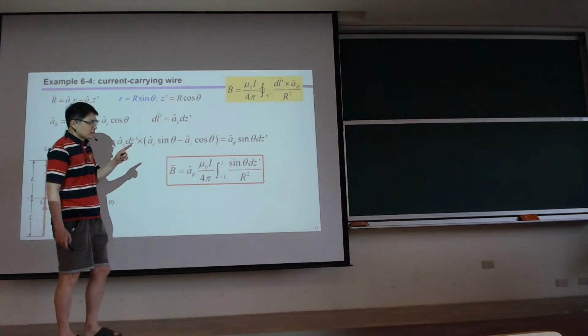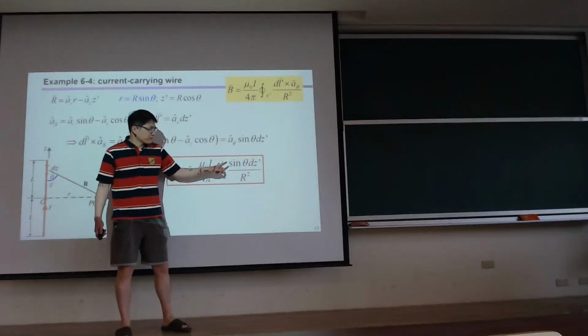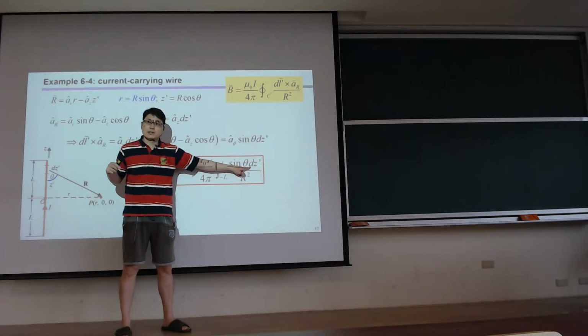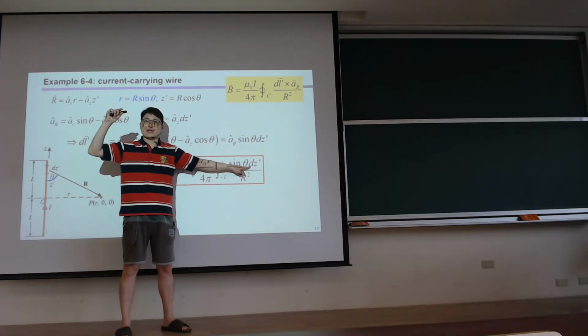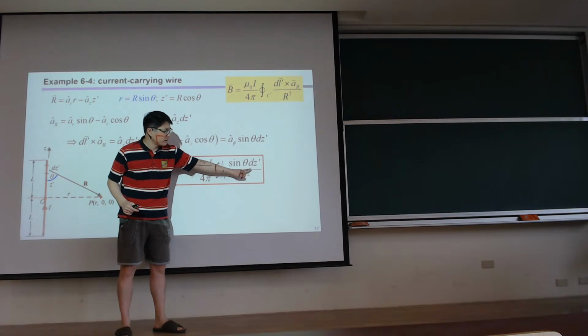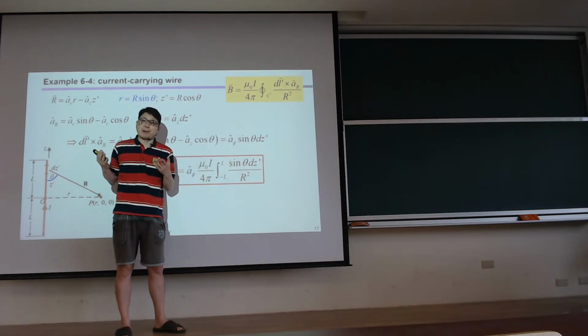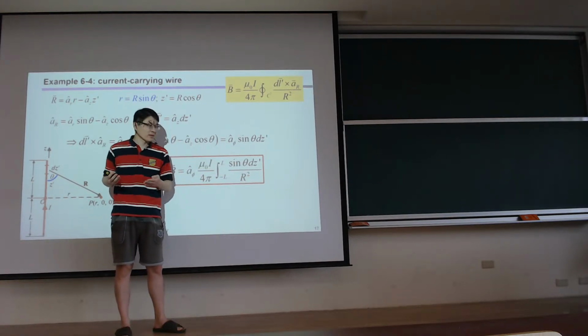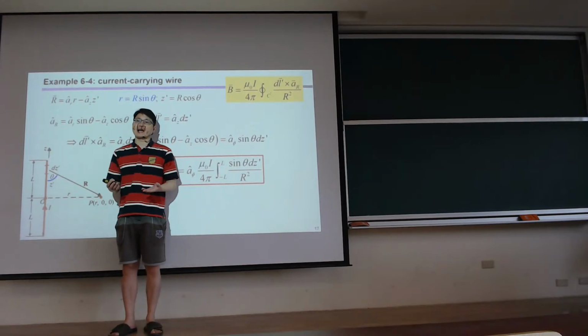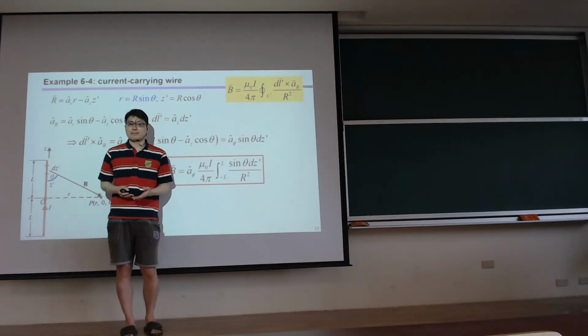But think about it. When we look at here, we are trying to integrate over Z, the locations of each differential segment. And if you look here, R squared seems independent of Z, and sine theta, initially, naively, seems independent of Z prime.